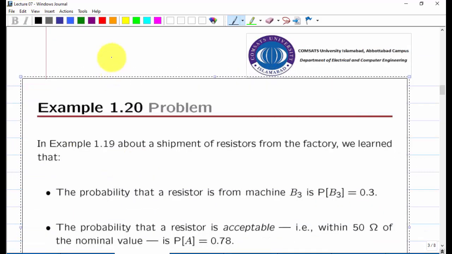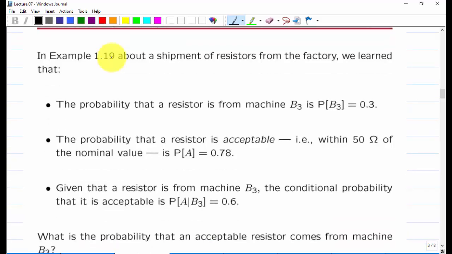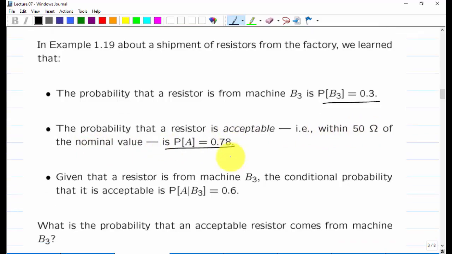In the previous example about resistor manufacturing, we calculated that the probability that a resistor is from machine B3 is 0.3. The probability that a resistor is acceptable, that is within 50 ohm of the nominal value, probability of A, we calculated as 0.78.